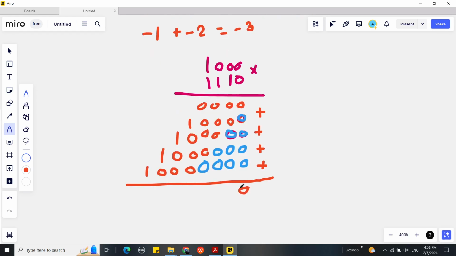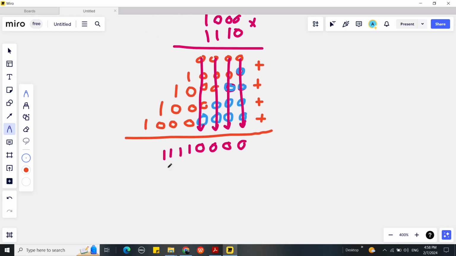So these are gonna be zero. Oh, okay, let me change the color. Magenta is gonna be 0,0,0,0, right? This here is going to be 0,0,0,0, and this here gonna be 1,1,1,1. I put the 1. So this is the answer of multiplication.